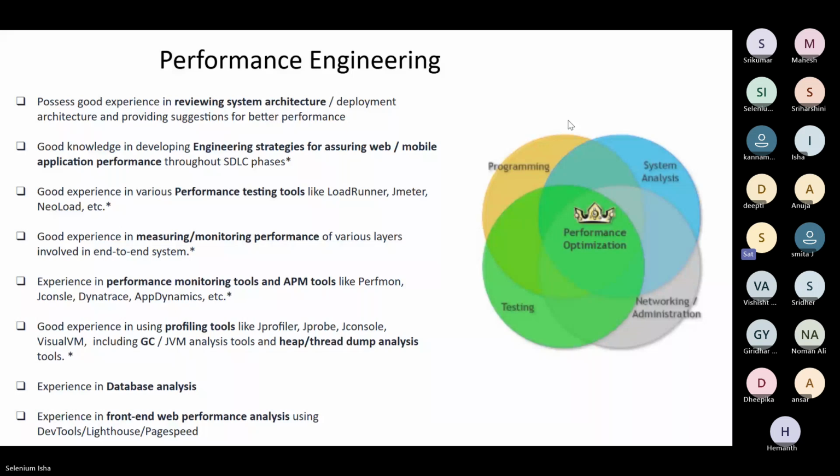You have to look into your memory pattern and the GC pattern, and suggest GC-level tuning parameters. And then client-side performance engineering, analyzing the AWR reports. All these will be part of your performance engineering, which is part of system analysis. Not only for Java, it can also be for Python or Node.js.